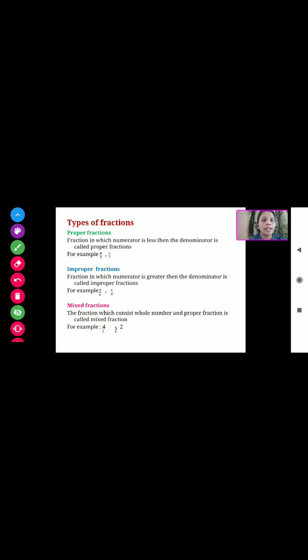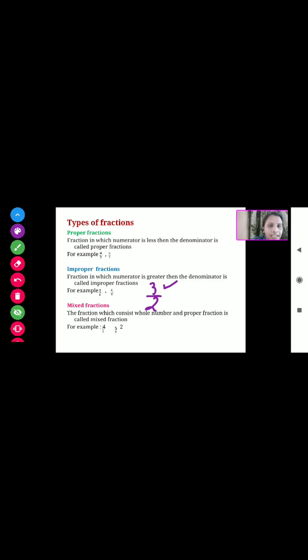For example, here 3 divided by 2. 3 is now numerator and 2 is denominator, and as we know 3 is greater than 2. So this is improper fraction.